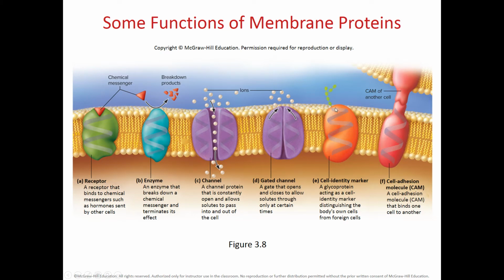And then we have these cell identity markers. For instance, in lymphocytes, we have CD8, which is an identity marker. It's a protein. And then we have the cell adhesion molecules that help to bind cells one to another or to the environment.